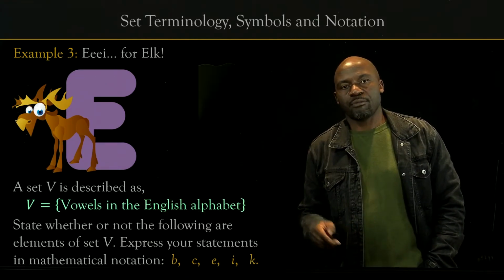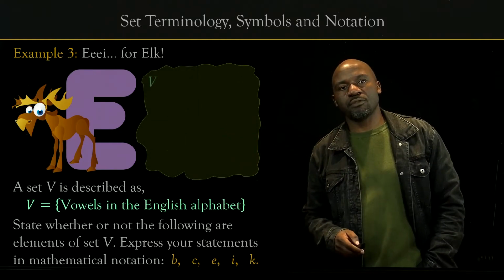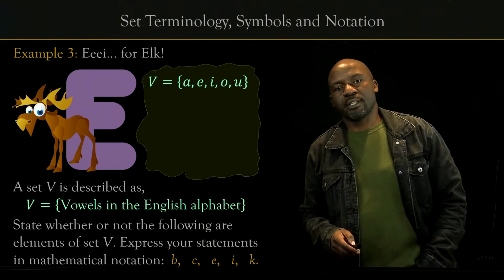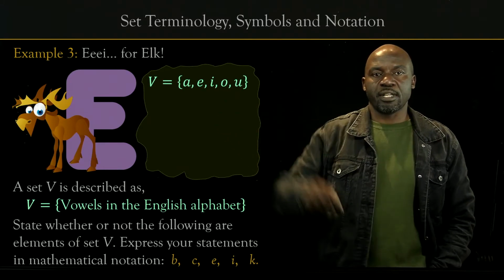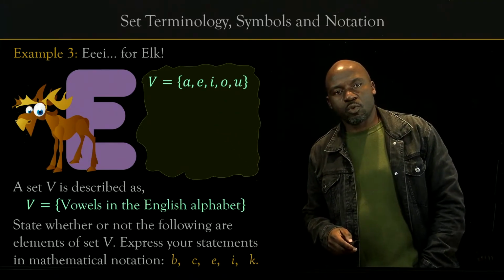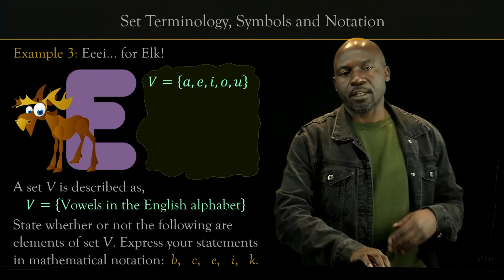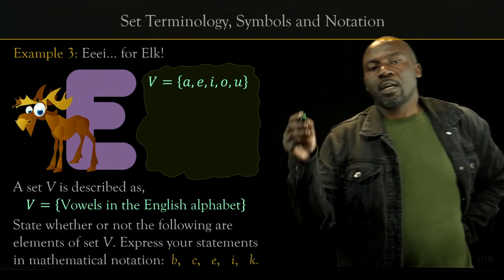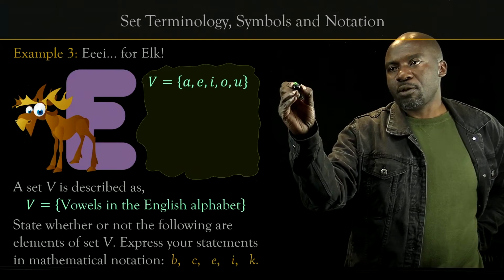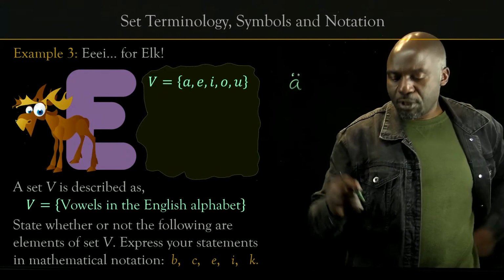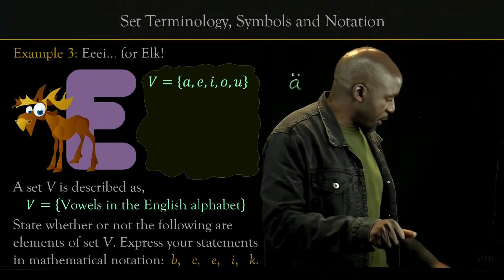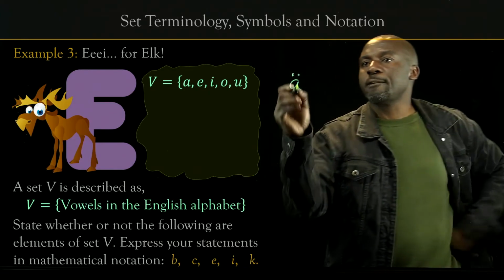All right, I've put the answers up here, assuming that you've done it already. The vowels in the English alphabet are given there. In the Swedish alphabet, I think there are 4 more, just for context, in case you're trying to find this out. In Swedish, I think there is also that. I'm not even going to bother pretending to be able to pronounce this.